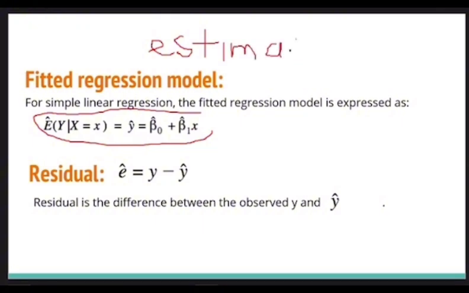When you are using a few instead of the whole elements in the population, then whatever we're going to be doing is going to be estimation. Does that make sense? So the beta knot cap is an estimate of a regression constant, or estimate of intercept. Then the beta 1 cap is an estimate of the slope.